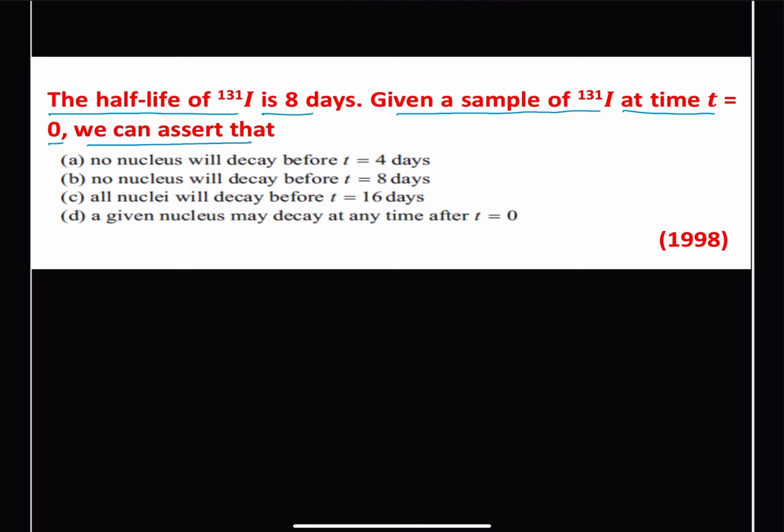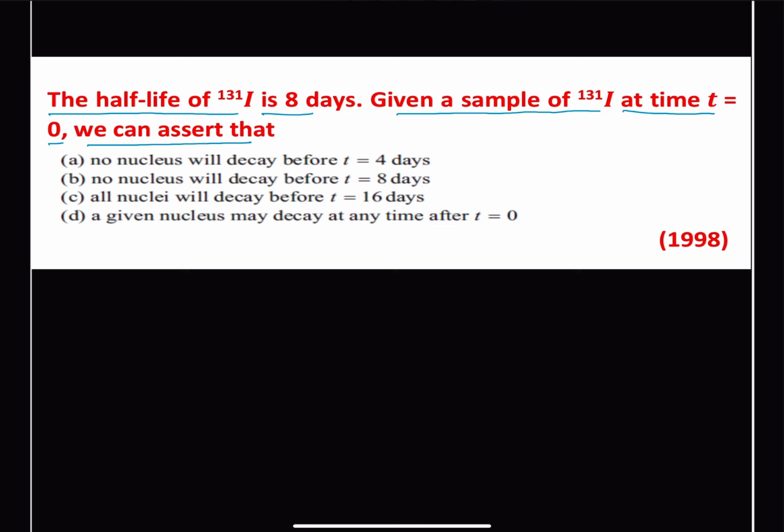It is basically asking about the nature of radioactive decay. And we have to remember that radioactive decay takes place through two ways. One is random and the other one is spontaneous.